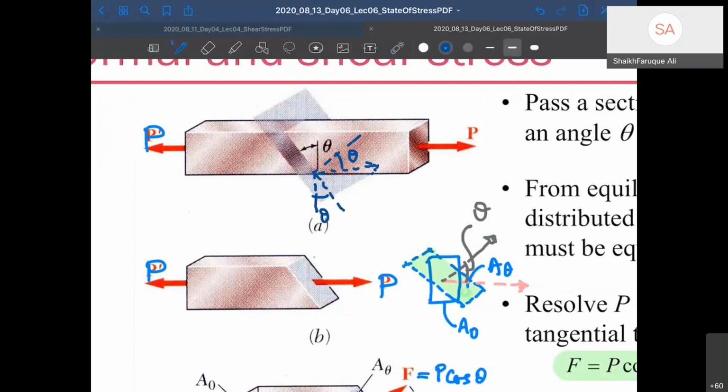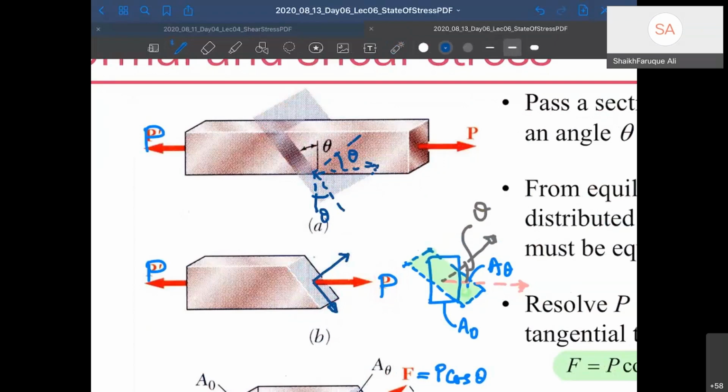Now I can draw this P force with one component along the grazing surface and one along the normal of the plane cross section cut, because I need stresses to be along the grazing surface and stresses to be normal to the surface. So I have to take components of this P force along the normal and along the grazing surface. And if I do that, I'll get two kinds of P. What will be this angle here?